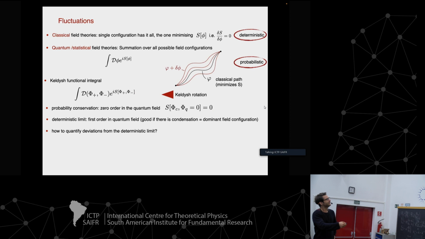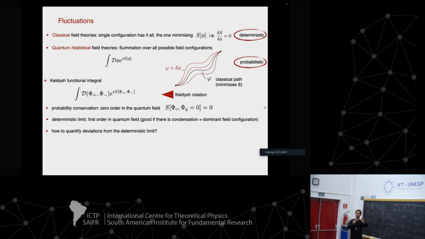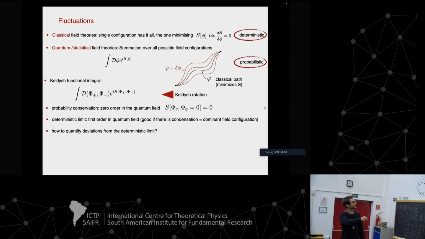To this end, a technical thing that we did was to go from this plus and minus basis, these two Keldysh contours, via this unitary transformation to a new basis, which brings out parts of this physics, for example the fundamental property of probability conservation, more clearly as a property of the action that enters in the exponent, expressed in the new basis.